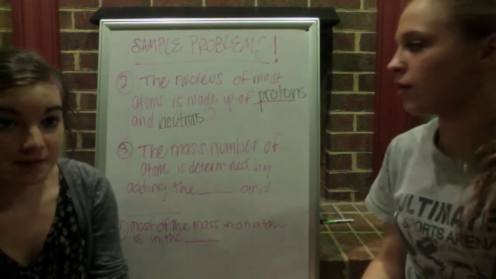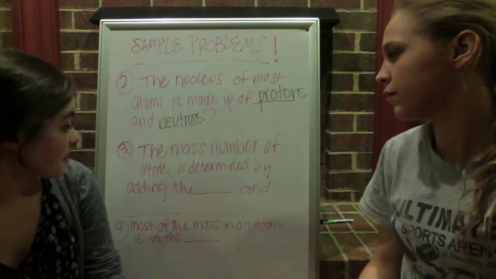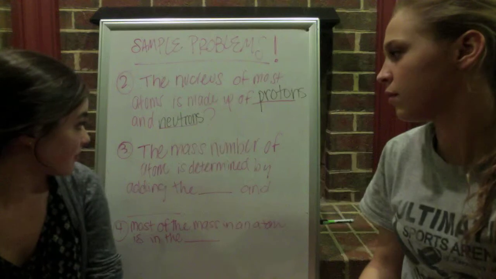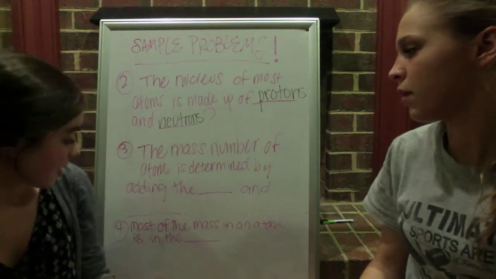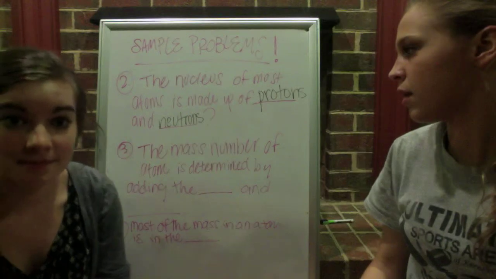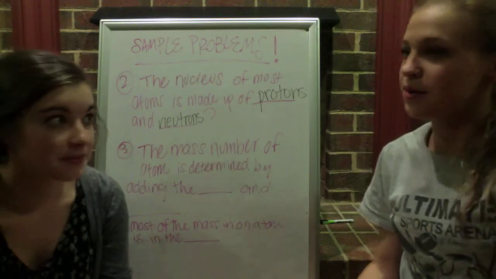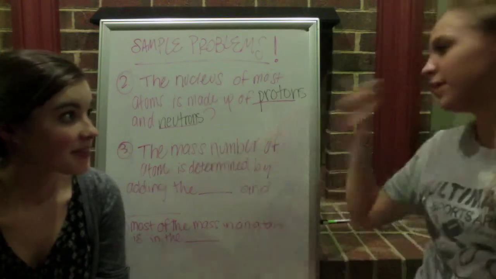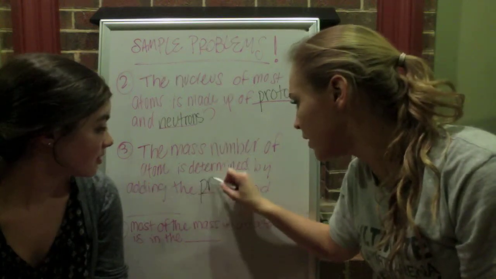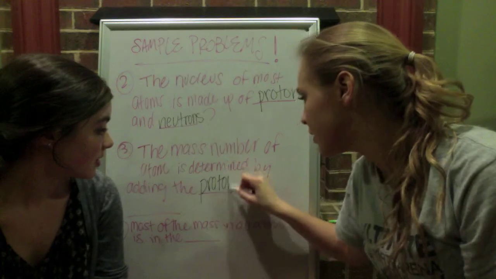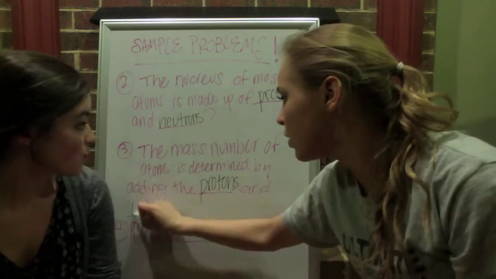For number 3, the mass number of the atom is determined by adding the blank and blank. Okay, so the mass number is determined by adding the protons and neutrons.